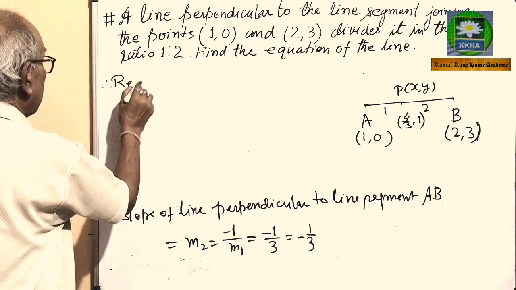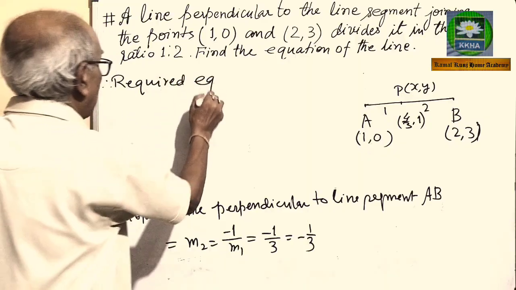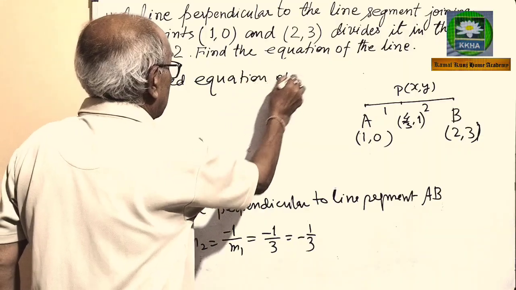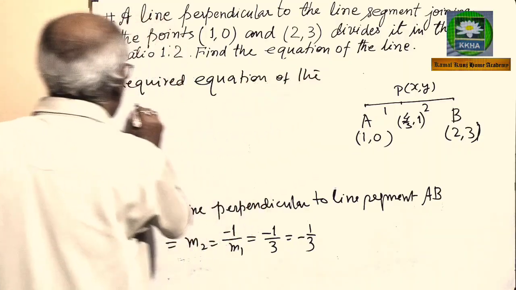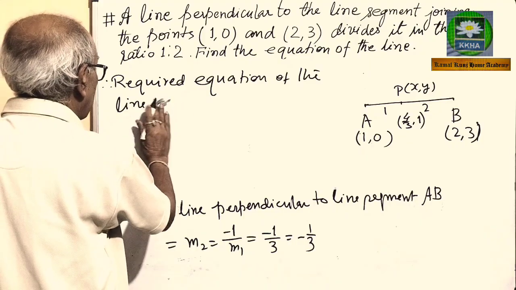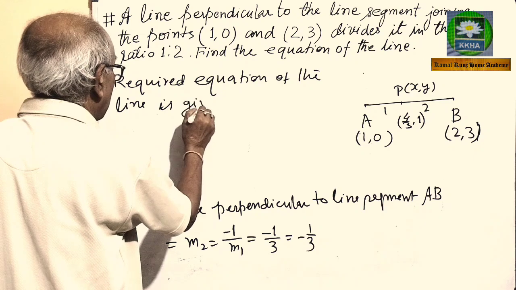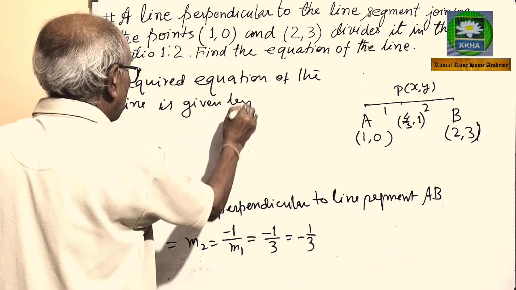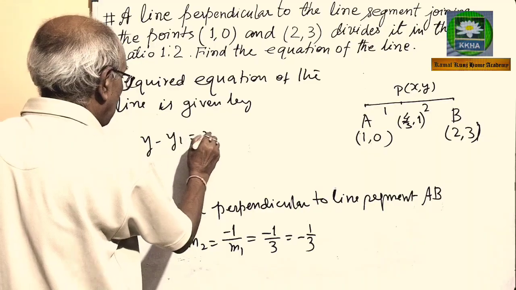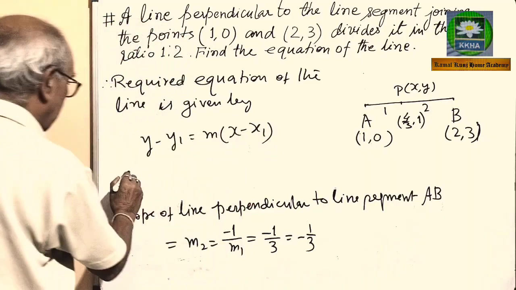Therefore, the required equation of the line is given by y minus y1 equal to m times (x minus x1).